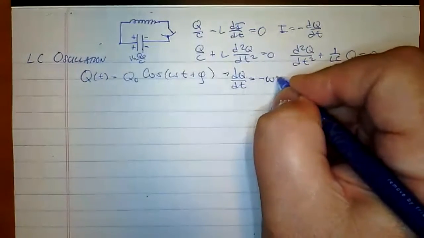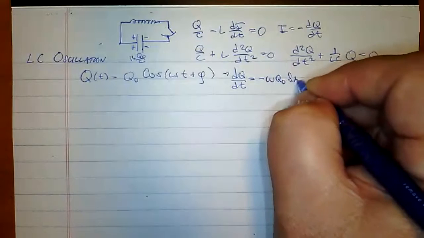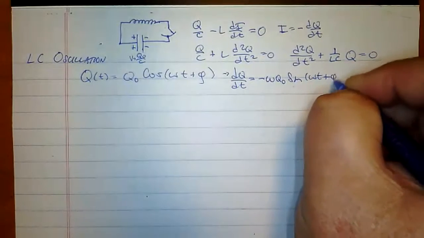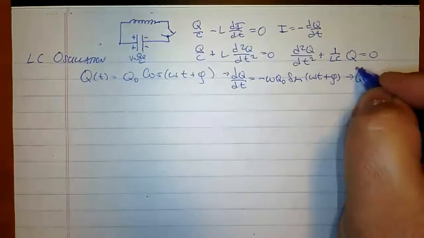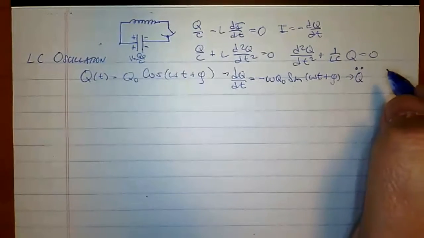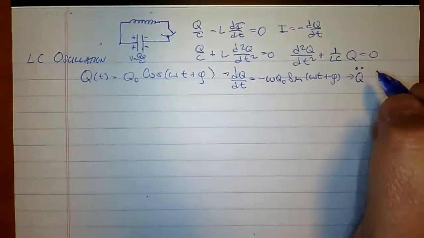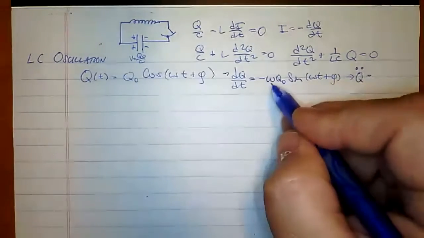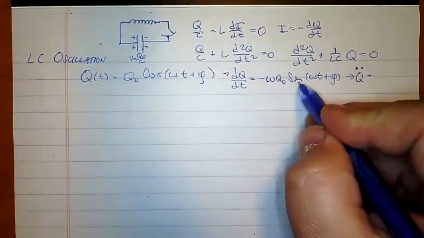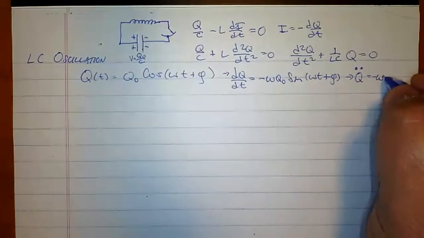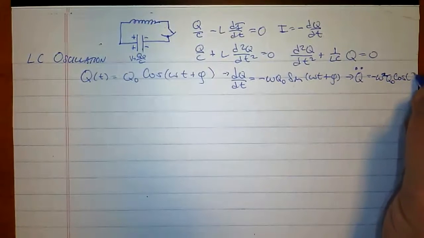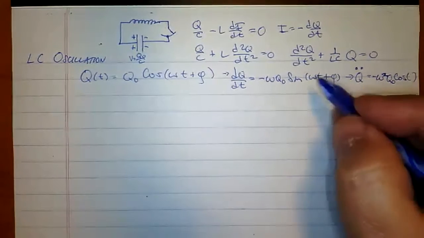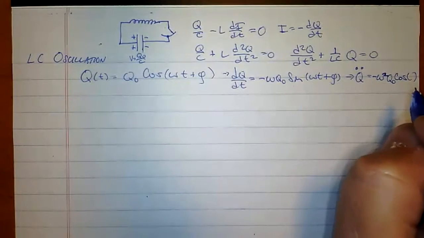So I get a negative omega Q0 sine of omega t plus phi, and then q double dot, that's what you have when you do a second derivative. And of course, you see that gets really cumbersome once you start getting 4, 5, and 6 derivatives. But anyways, this is the derivative of this with respect to time. Derivative of sine is cosine, so I'm still going to get a negative, but now I've got an omega squared Q0, and I'm back to cosine, and I'm just going to leave it like that because I ran out of paper, but you know it's still omega t plus phi.